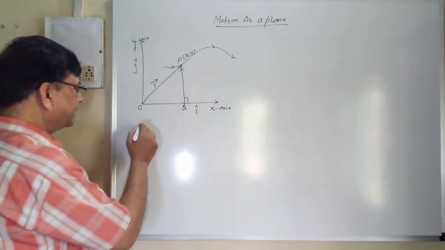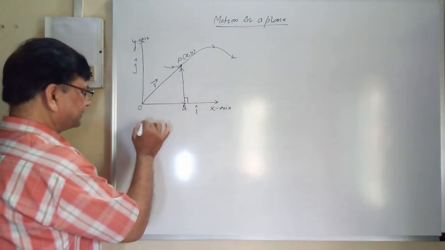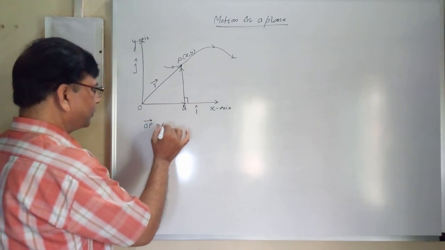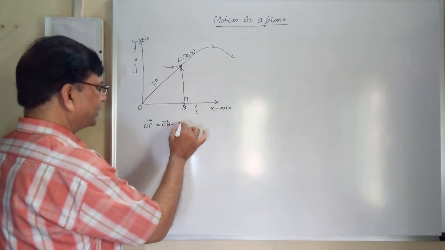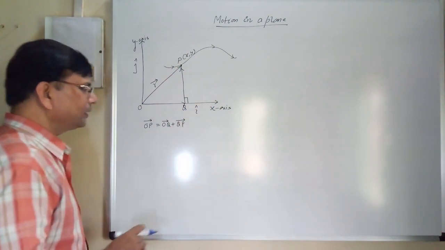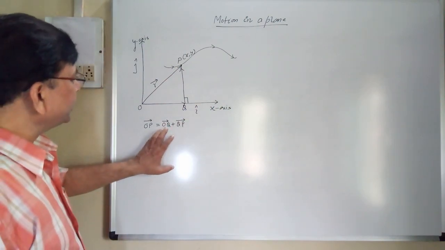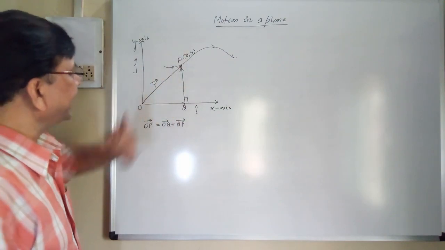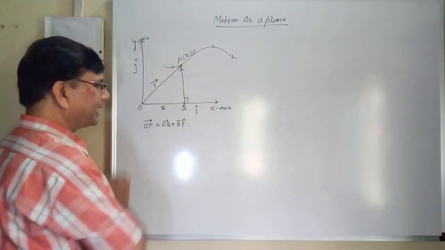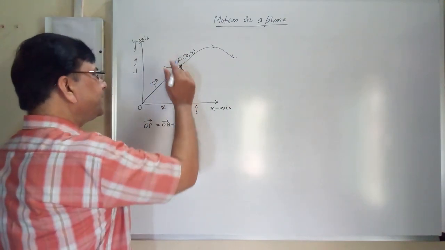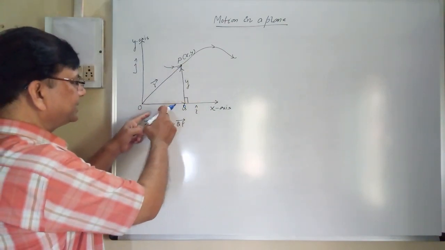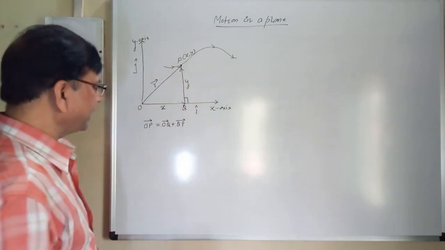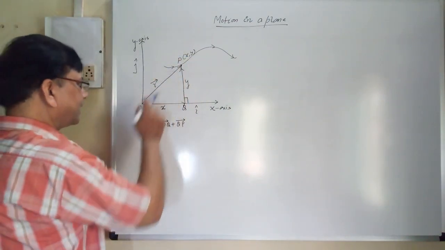So we can write that OP vector is equal to OQ vector plus QP vector. OQ is the x coordinate, that is x, and QP is y. The length of this vector is x, the length of this vector is y, and the OP vector is r.